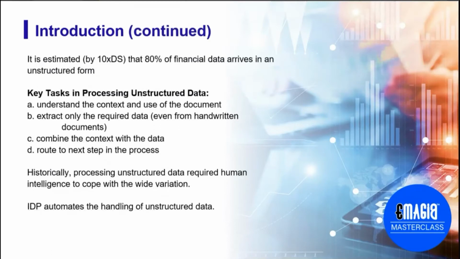I recently read an estimate that 80% of financial data arrives in an unstructured form. Contrast that with the Internal Revenue Service. When they get their tax returns, that information is in a very structured form. It's in the form they specify. And you have to fill out the blanks, fill out the form, and present that data in a way that is pretty much the same for almost everyone who files.